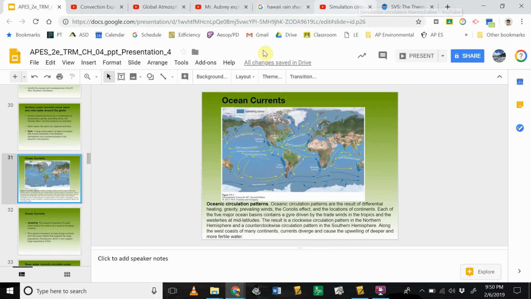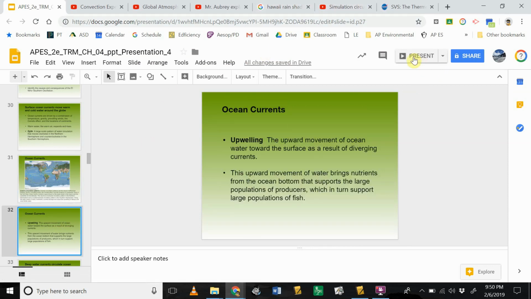Okay. And so one of the huge things that's probably the most important about all of ocean currents is what's called upwelling, which is basically where the cool waters end up coming up and displacing warm water.